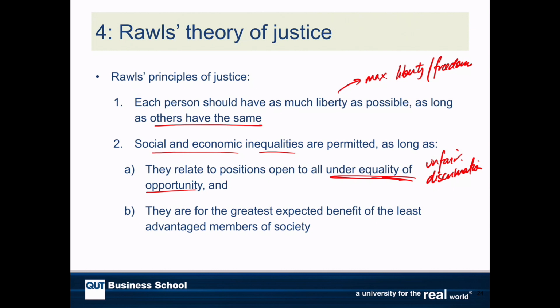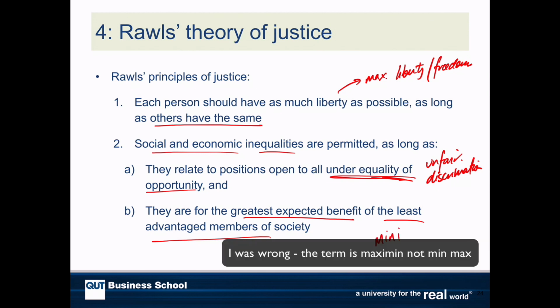And really critically, the system would be the one that gives the greatest expected benefit for the least advantaged members of society. This was also called the minimax principle, which we'll come back to. So this is kind of central. All of these are key points though, right?